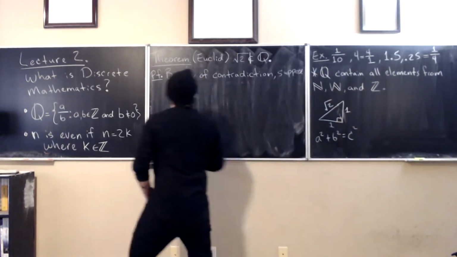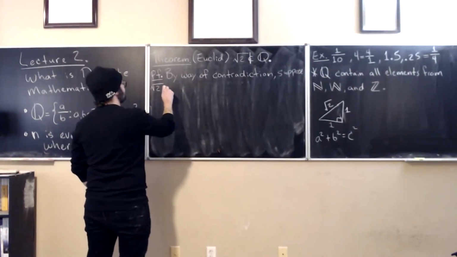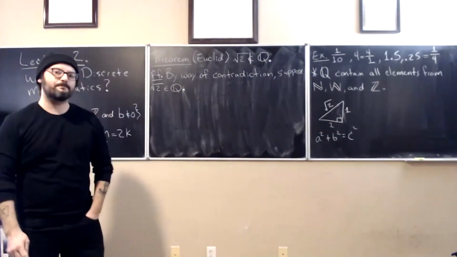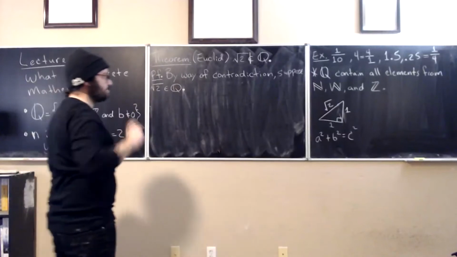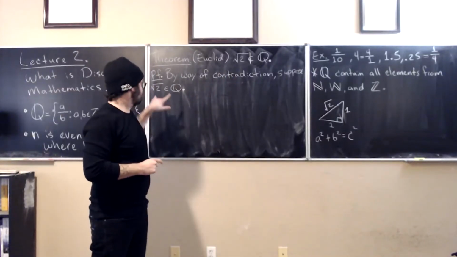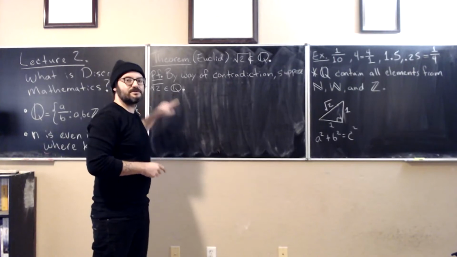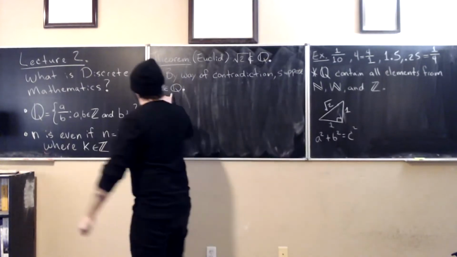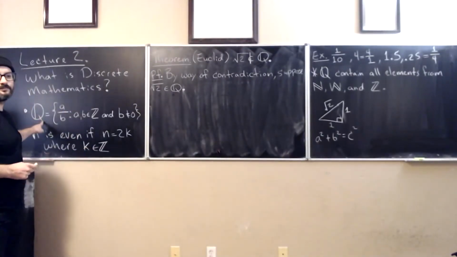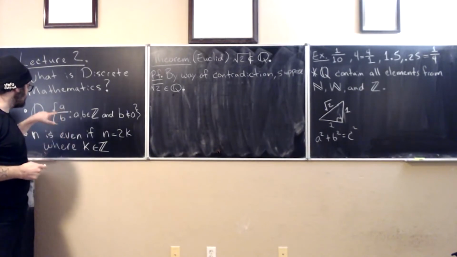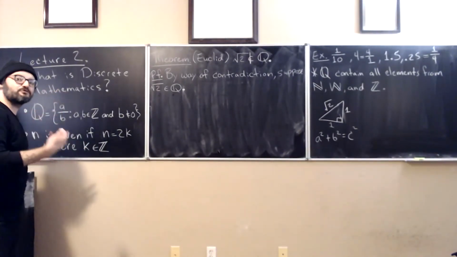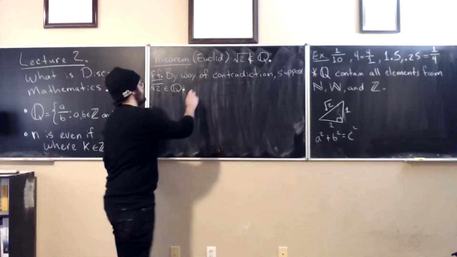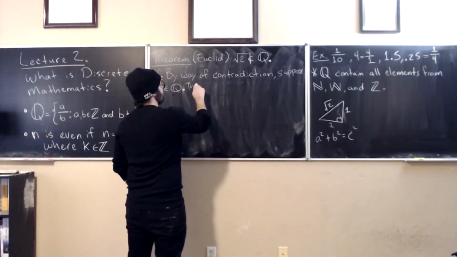suppose square root of 2 is indeed a rational number. Okay? Now, as soon as we suppose anything, we can typically reference something like a definition. So, if square root of 2 is indeed rational, that means that by definition, you can write it as a ratio of integers with non-zero denominator. So, I'm just going to say that.